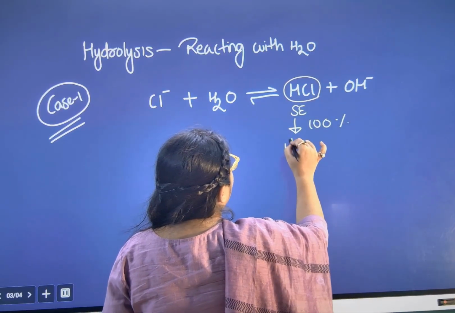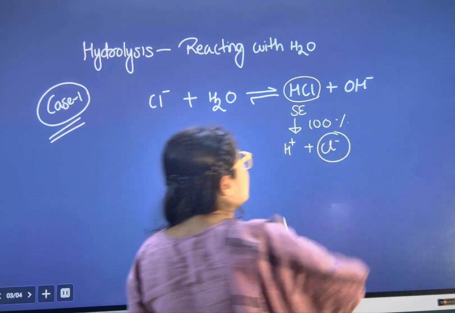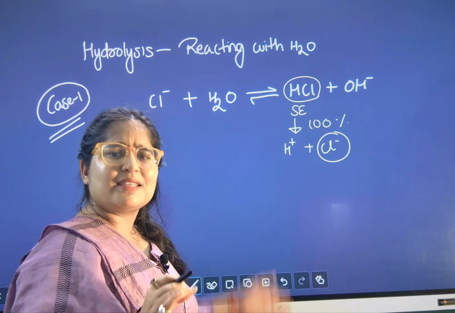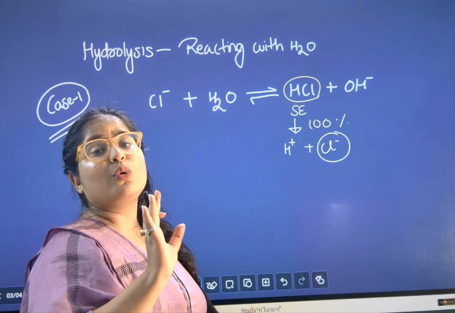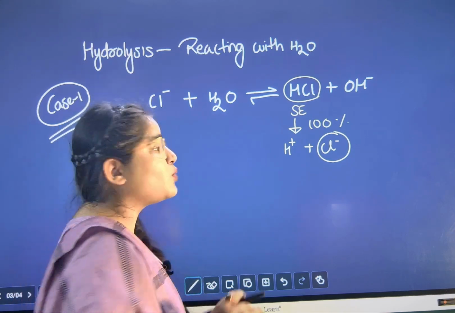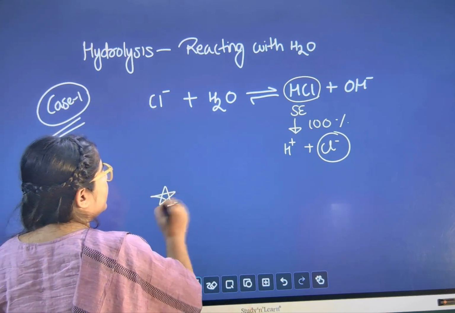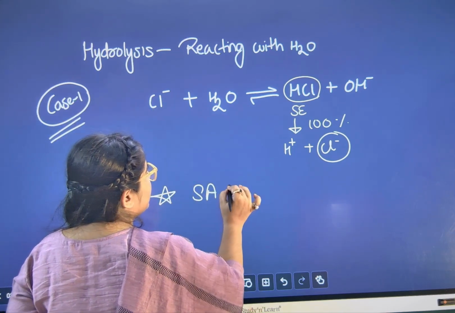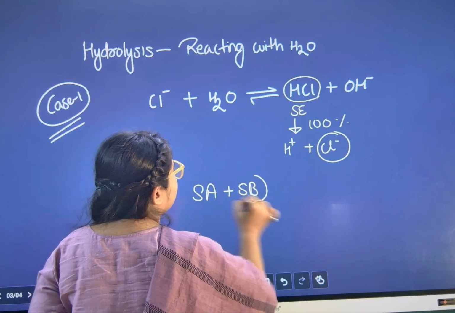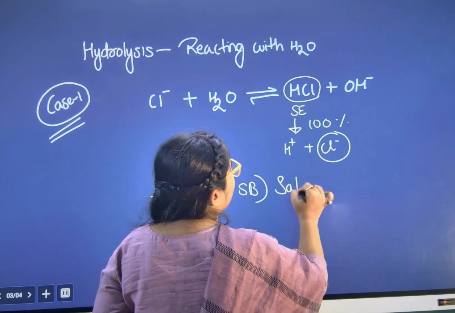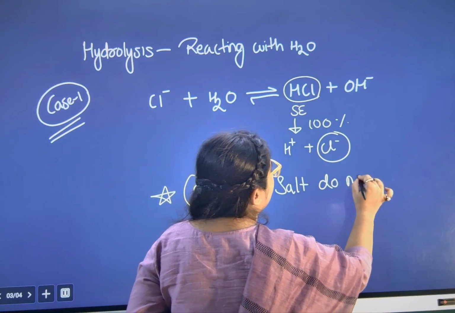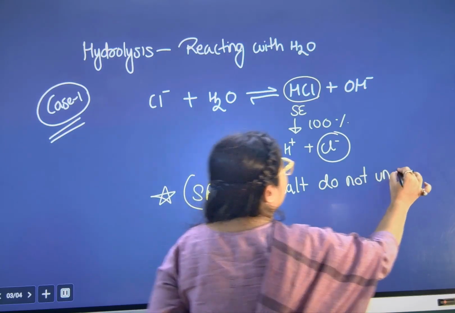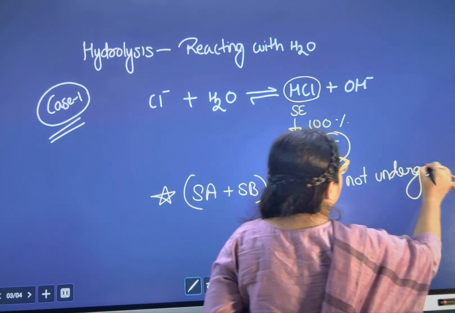So again it will break as H plus and Cl minus. So will Cl minus react with water actually? No. So under case 1, write down one star point: strong acid plus strong base salt does not undergo hydrolysis.